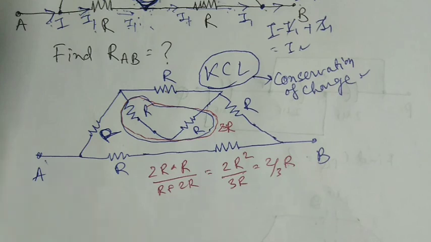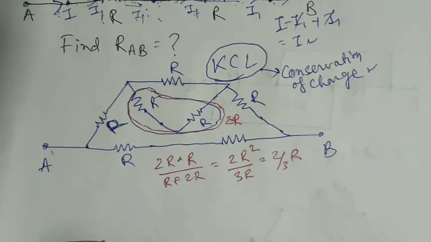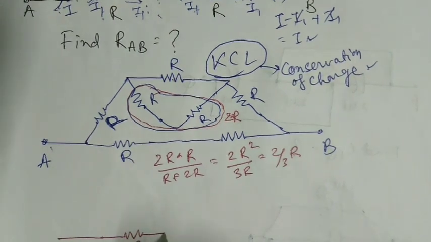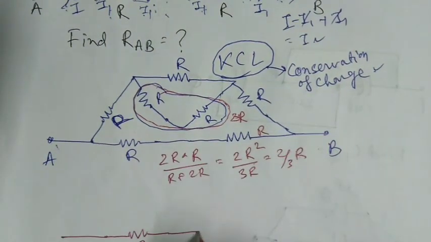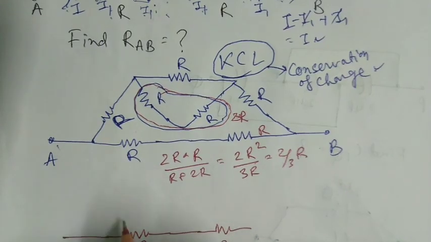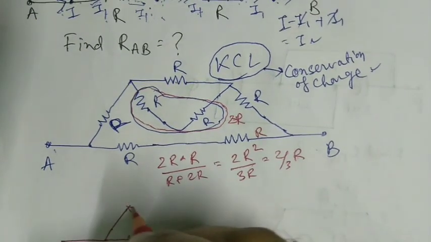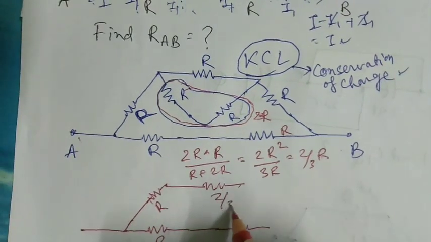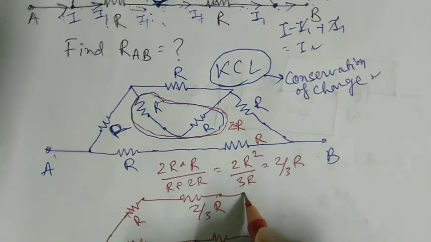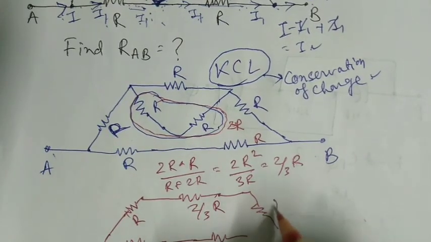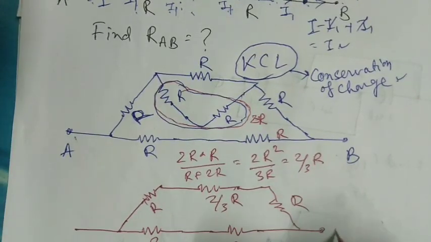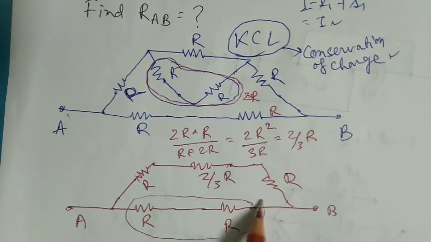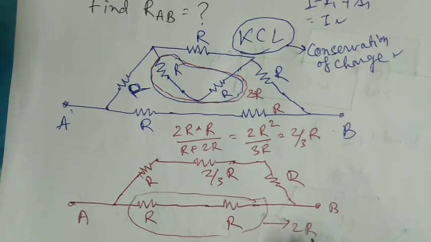Now the circuit looks like this. R here, R here, and now here it is 2 by 3 R, from here R. Okay, so now these are in series, so this will give 2R.